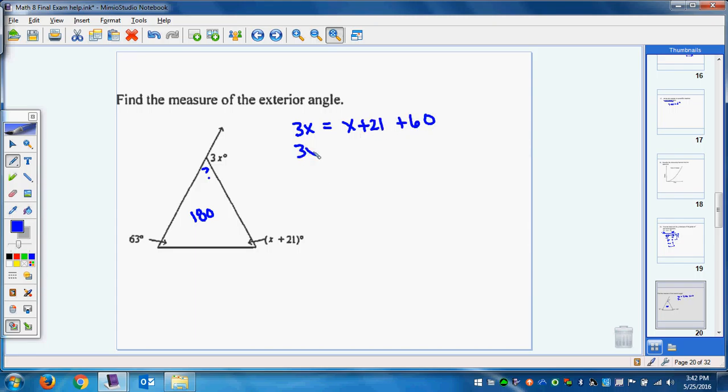So let's do that. 3x is equal to x plus 81. Ooh, then I can do that. I could subtract x on both sides and go from there. So it gives me 2x is equal to 81.